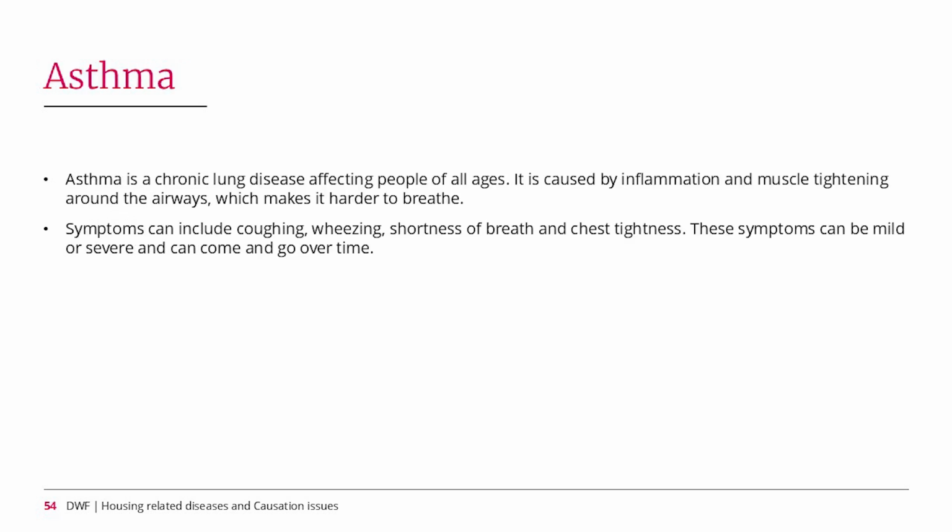So with respiratory illnesses, asthma, I would say, is the most common illness you get in these types of claims. It's a chronic lung disease, affects people of all ages, and it's caused by inflammation and muscle tightening around the airways, and that makes it hard to breathe. Symptoms: coughing, wheezing, shortness of breath, chest tightness.